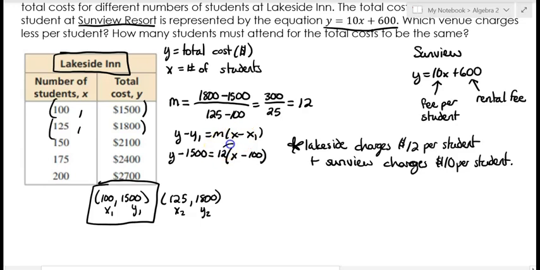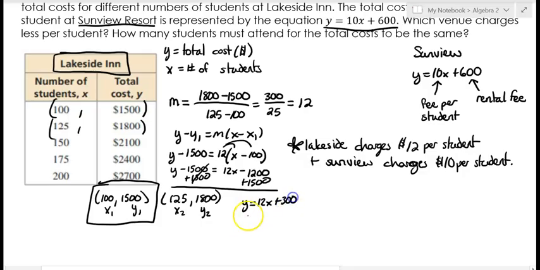So now you distribute the 12. You still have this y minus 1500 over here. You have 12x minus 1200. And then you get y by itself, so you add the 1500. And where you are right now is you have 12x plus 300. And that's the equation for Lakeside.